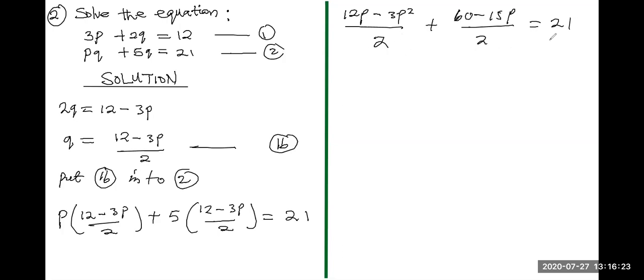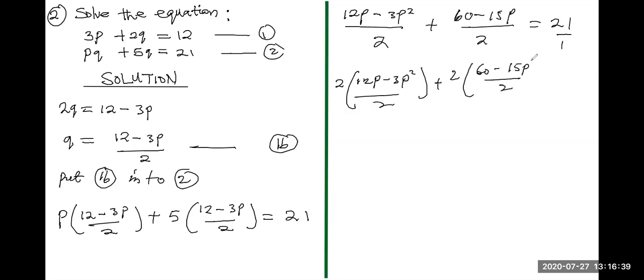We clear the fraction by the LCD, and that is 2. 2 into 12p minus 3p square over 2 plus 2 into 60 minus 15p over 2 is equals to 21 multiplied by 2. So I have cleared the fraction, and when I do that, my fractional equation is converted to a whole number equation.